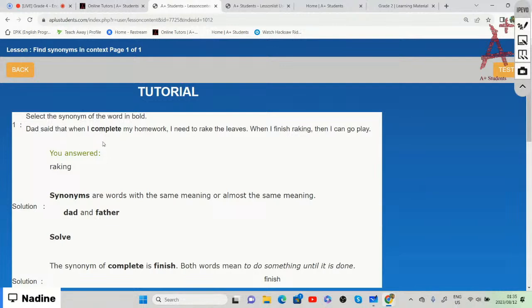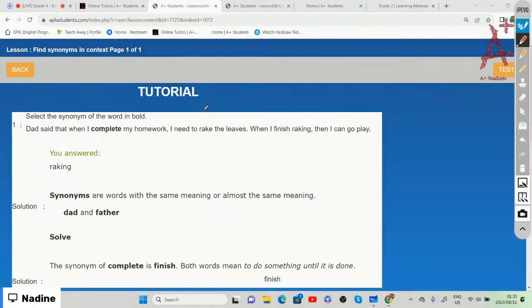Dad said that when I complete my homework, I need to rake the leaves. When I finish raking, then I can go play. So dad said that when I complete my homework, I need to rake the leaves. And when I finish raking, then I can go play.